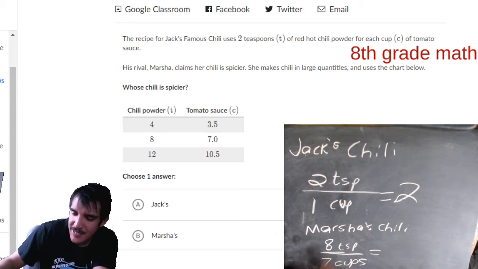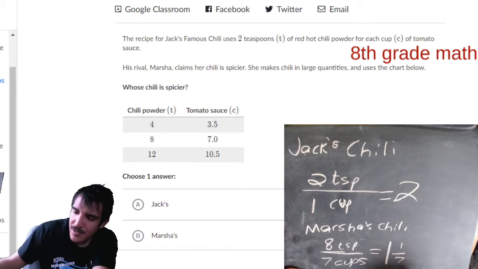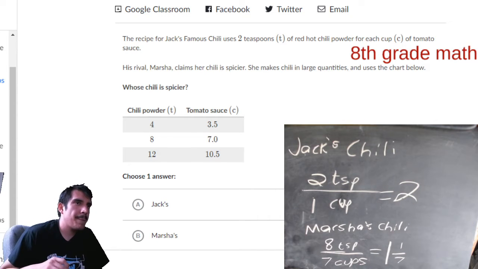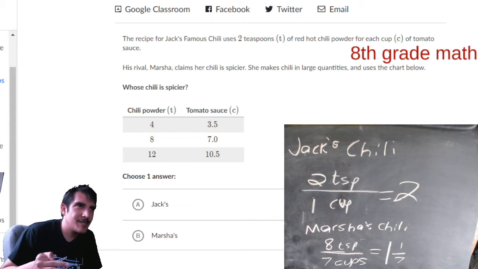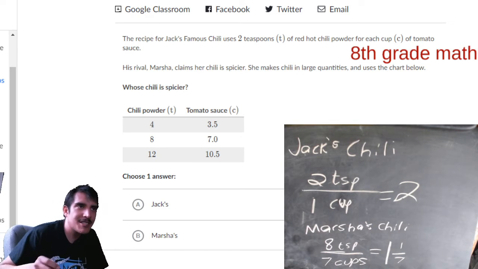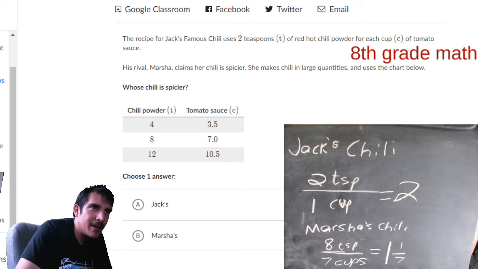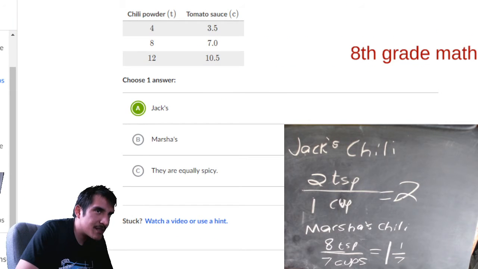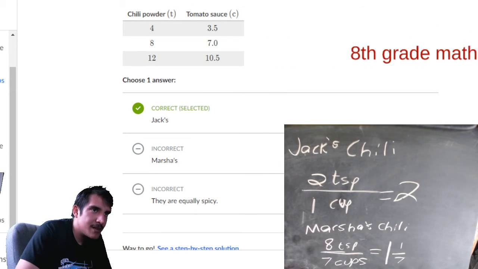Like a mixed number. 8/7 means you can make 1 and 1/7, right? So who has the greater amount of teaspoons of chili per 1 cup? It is Jack. Jack has 2 teaspoons per 1 cup, and Marsha just has 1 and 1/7 teaspoon per cup of tomato sauce. So Jack has the spicier chili, all right? So let's click Jack's and let's move on.